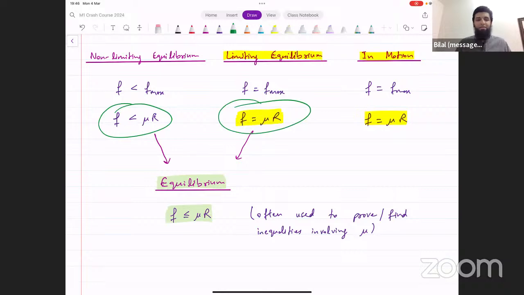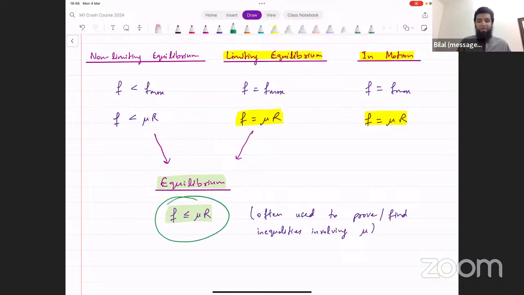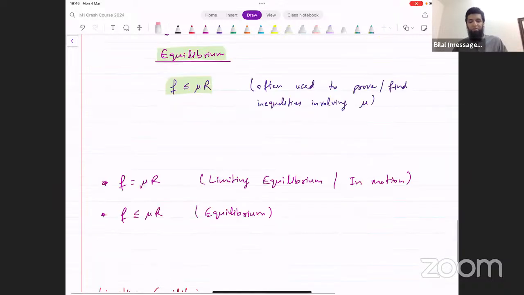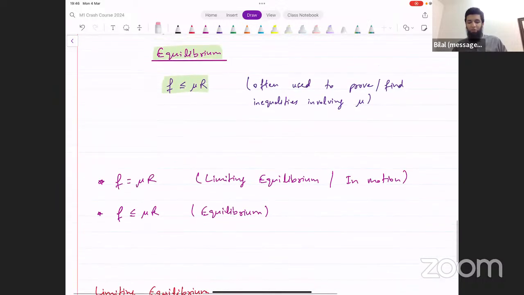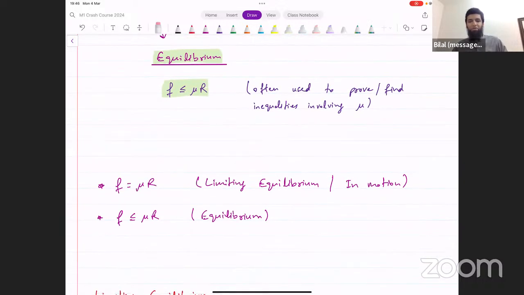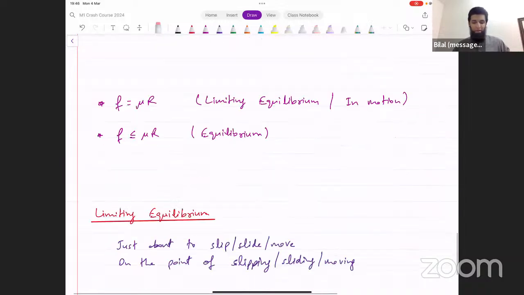So it's either less than mu R or equal to mu R. If you write both of those conditions combined, that becomes F less than or equal to mu R. So this is what you need to remember: F is equal to mu R when you have limiting equilibrium or the object in motion, and F is less than or equal to mu R when it's equilibrium and you're not specified whether that equilibrium is limiting or non-limiting.